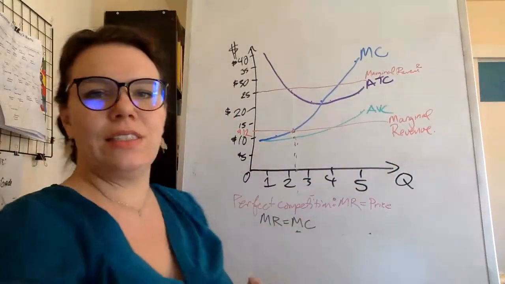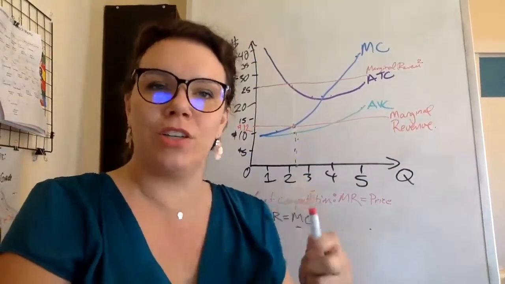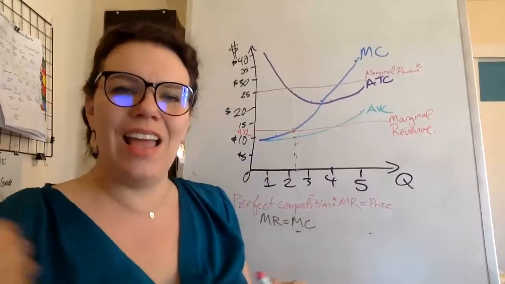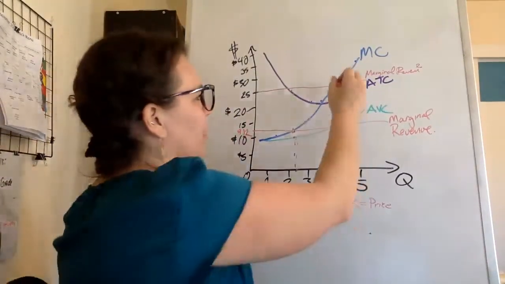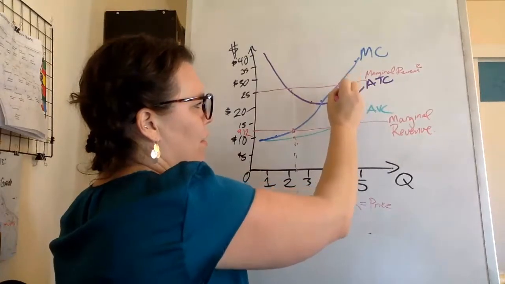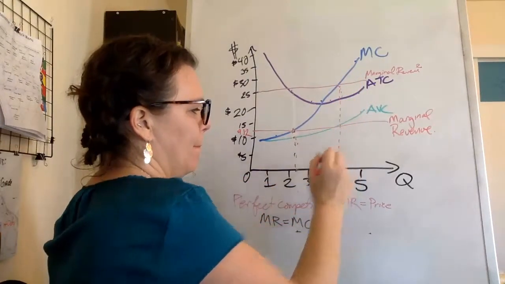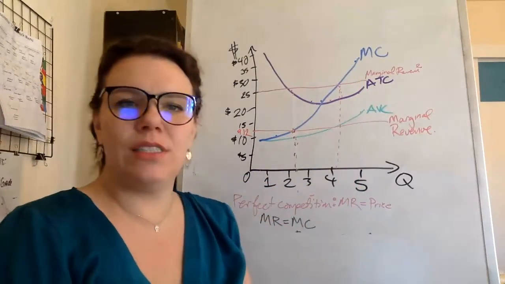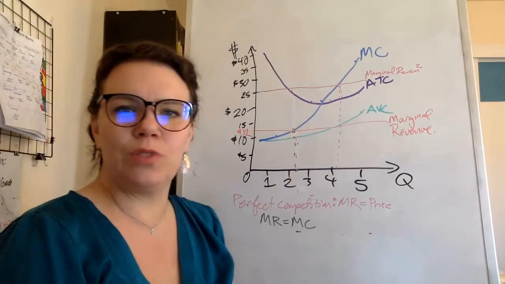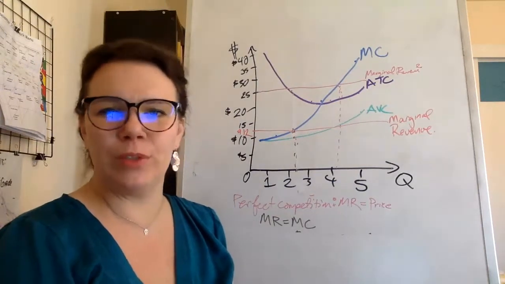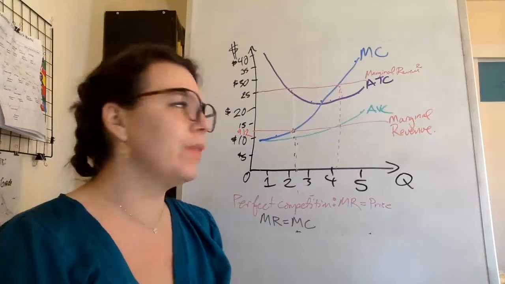And now we're going to see our firm produce where marginal cost is equal to marginal revenue. And it's in between 4 and 5, right? So we'll just bring that down. And say that they would still produce something. Maybe they'd produce 4 units. Maybe they probably wouldn't produce 5 units. They'd produce that 4th unit though, right?